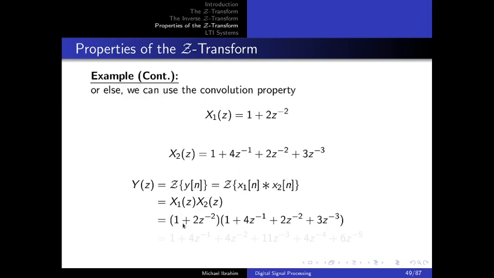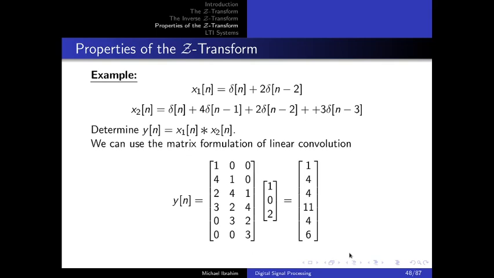If we multiply these two Z transforms together, we will get this expression. And if you do the inverse Z transform, this one would be transformed to delta of n, this is 4 delta n minus 1, this would be 4 delta n minus 2, this is 11 delta n minus 3, 4 delta n minus 4, and 6 delta n minus 5, which is exactly the same sequence we got here from the linear convolution.